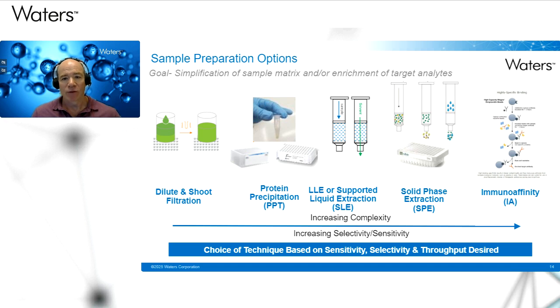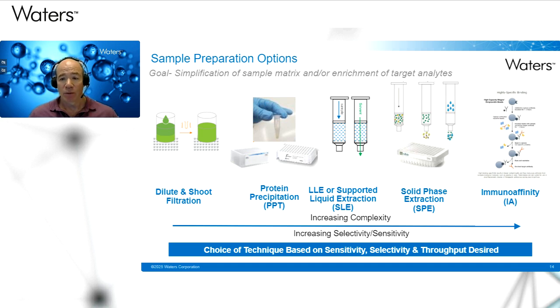After that, we have solid phase extraction. That can be either reverse phase or, to get more specific, mixed mode, where we add an ion exchange component as well. While we won't talk about it today, some of the more specific options are affinity purifications, where we're actually using antibodies that pull down our analyte of interest.